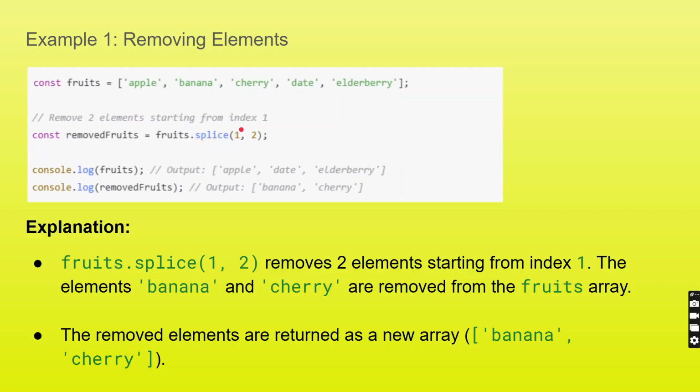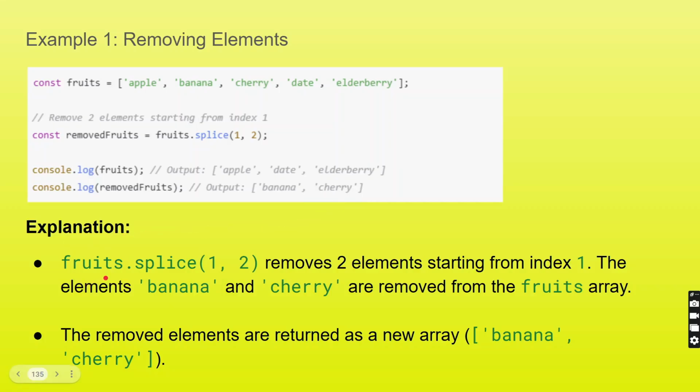The first argument is 1, so index 0, 1, this indicates starting at index 1, and removing 2 elements, so banana and cherry. After removing the elements, the output is apple, date, elderberry. So the original array is modified, and the removed elements are returned as a new array: banana, cherry.